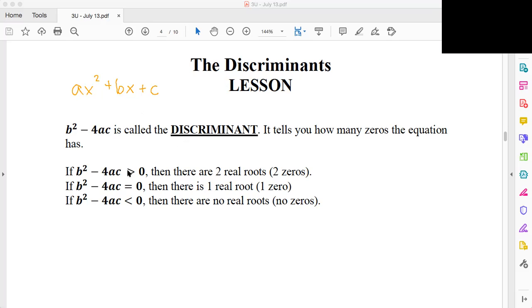I know some of you might have difficulties remembering which way goes where. If it's higher than 0, then there's 2 roots or 2 zeros. If it's equal to 0, there's 1. And if it's lower than 0, so any negative number, there are no zeros.